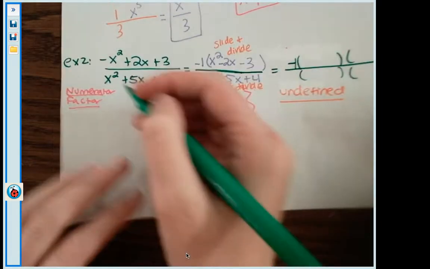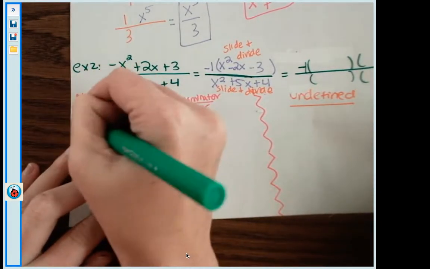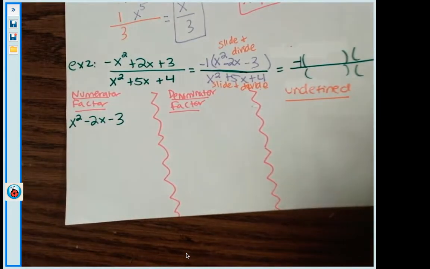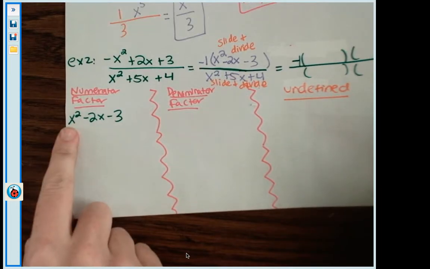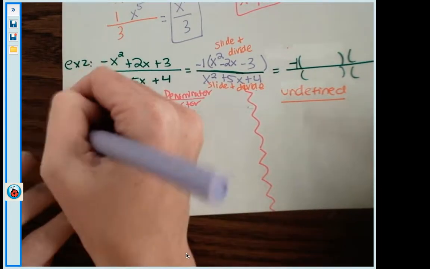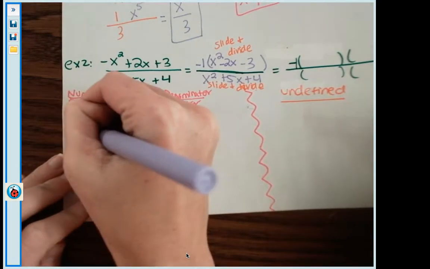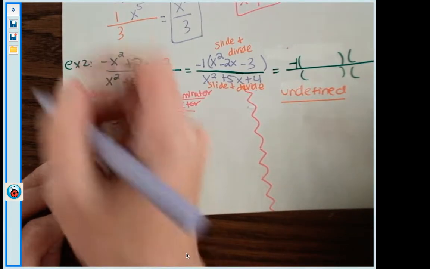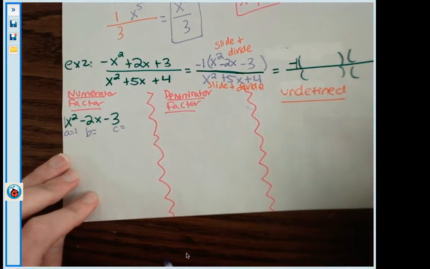Alright, so our numerator is x squared minus 2x minus 3. Alright guys, let's start by sliding our a to our c, which the a, remember, is the number in front of the x squared. And I'm going to go ahead and label what the a, b, and c are because that helps. So my a is the number in front of x squared, which is a secret little 1 hiding out.